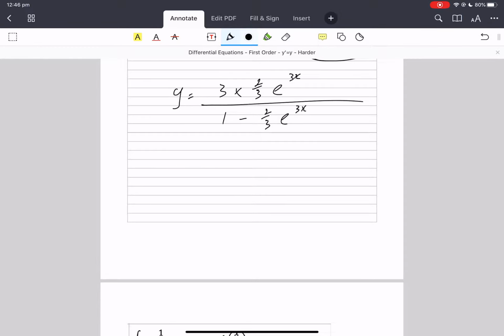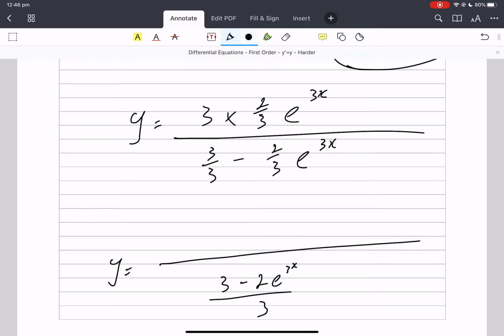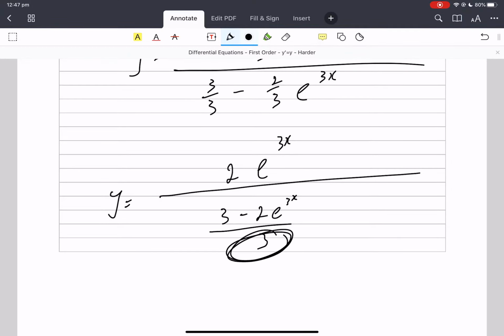Oh, technically, I guess that's the answer, isn't it? But I don't like these things here. So let's get rid of this 1. That's going to be 3 on 3, which is 3 minus 2 e to the 3x on 3 on those 3 cancels, 2 e to the 3x, and hopefully you can recognise that that 3 goes all the way to the top.